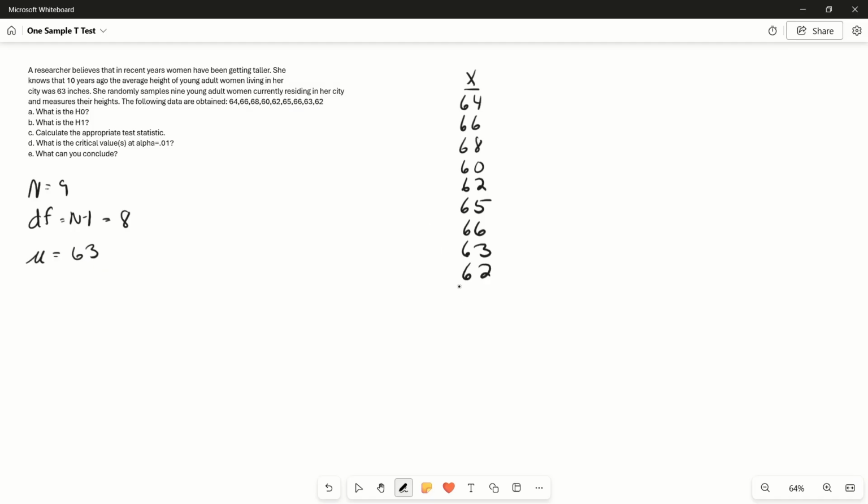So first things first, add up this column, get our sum of X. When we add this up, we get 576. So we need to find the mean, which is going to be sum of X over N, which is 576 over 9.